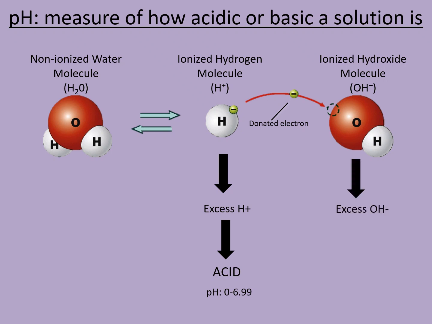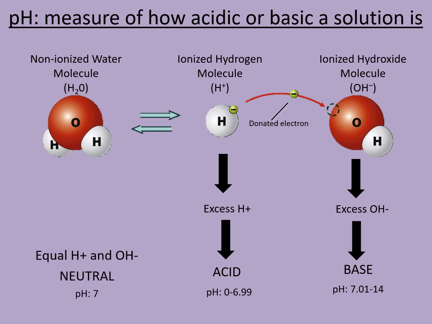If you have excess OH, an oxygen-hydrogen group, then you have a more basic solution. And if you have equal amounts of hydrogen and OH, then you have a neutral pH. So you have your alkalinity if you have too much OH, your acid if you have too much hydrogen, and then your neutral balance between the two.